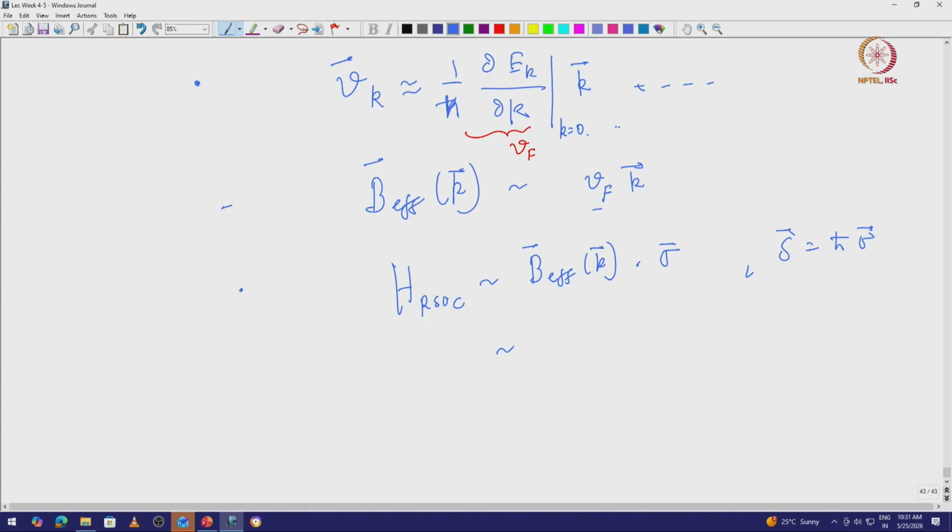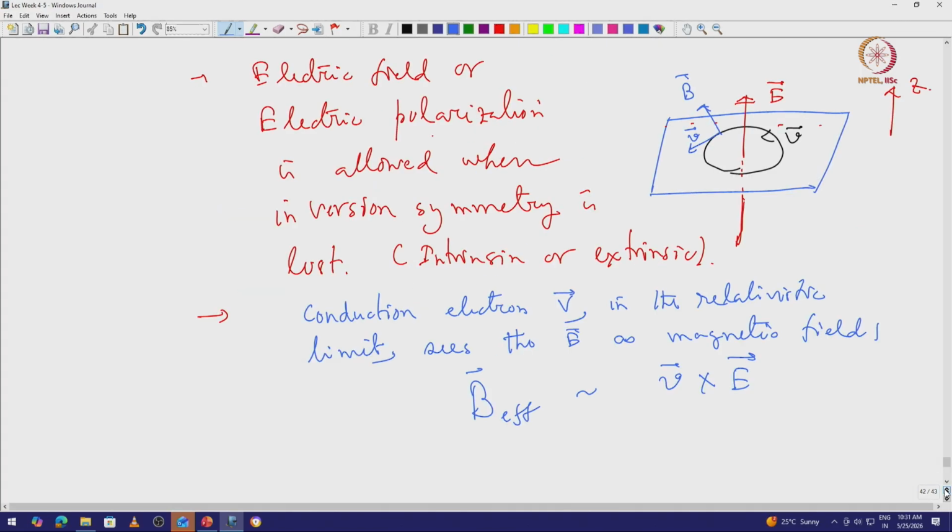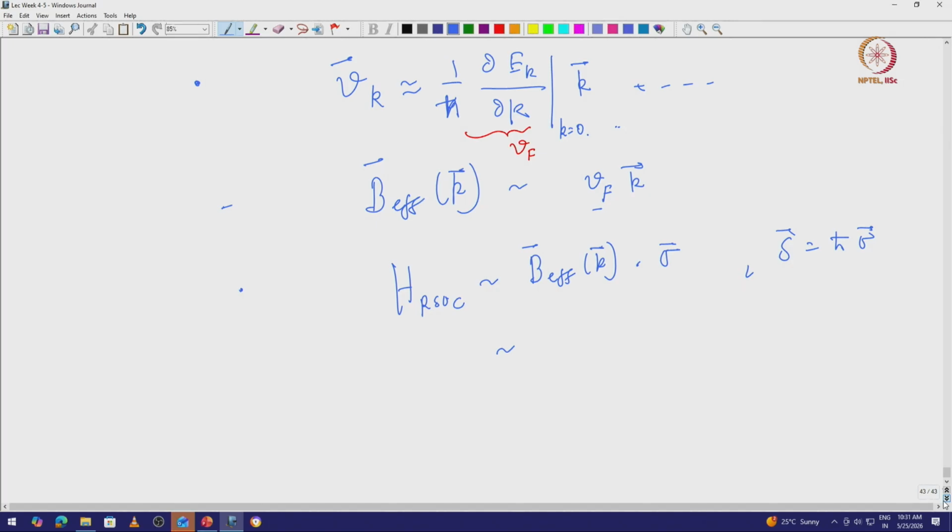So we will have sigma dot k cross E, with all the coefficients constant that I have taken here, and these coefficients we generally call Rashba spin orbit coupling. Because this is a triple product, we can always rotate them, and the electric field we set to be along the z direction.